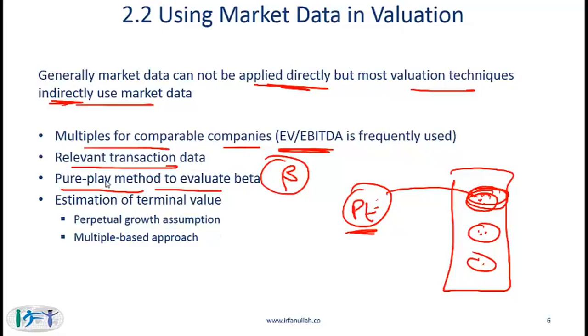What you use is the pure play method that you studied in corporate finance in level 1, and then we again saw this in equity in level 2. There are ways of estimating betas given public market information. It is not a perfect method, but it is a reasonable approximation as long as you find comparable publicly traded companies.